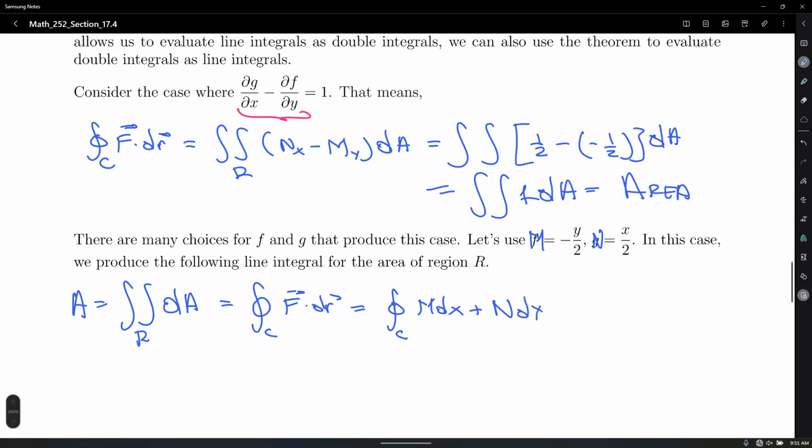But hey, didn't we write those functions already? M is negative y over 2 and N equals x over 2. So let me replace this with these functions.